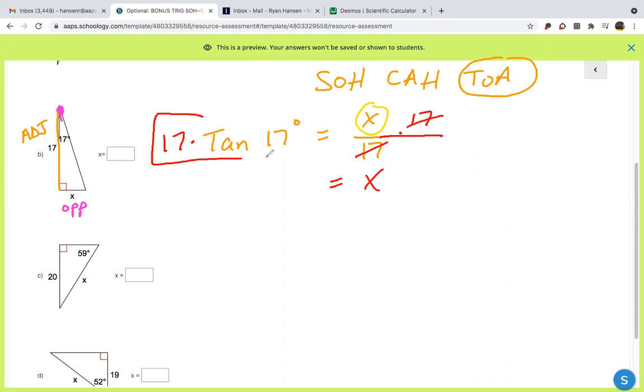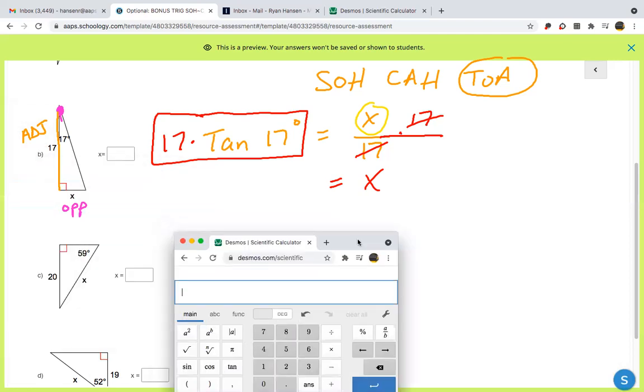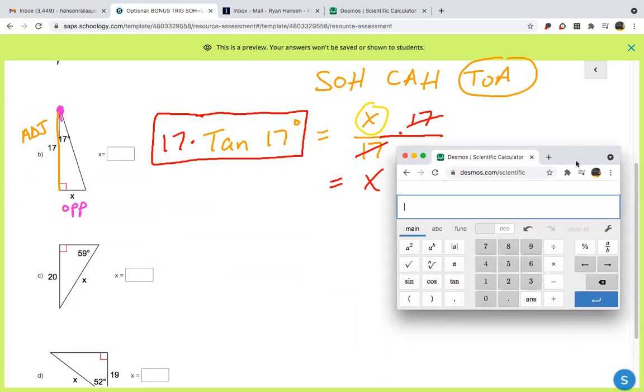So this is the function you press into your calculator, 17 times tan 17 degrees. Note that 17 degrees is an angle measure. 17 is a side length. It's a mere coincidence that they're the same. Okay, no evil plot there. So now if I type this in, that would be 17 tan 17 degrees.